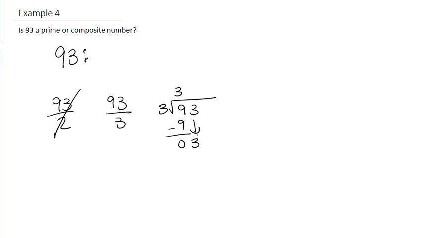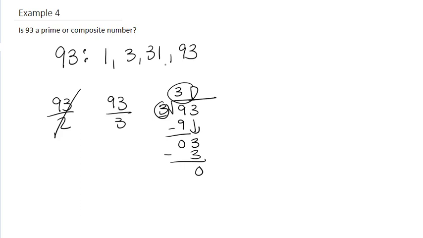Then we have 3 can go into 3 1 time. So 3 times this 1 is equal to 3. Subtract, we get 0. So therefore we have 3 and 31. So we would also say 93 can be divided by 3 and 31. So we have 1, 3, 31, and 93.